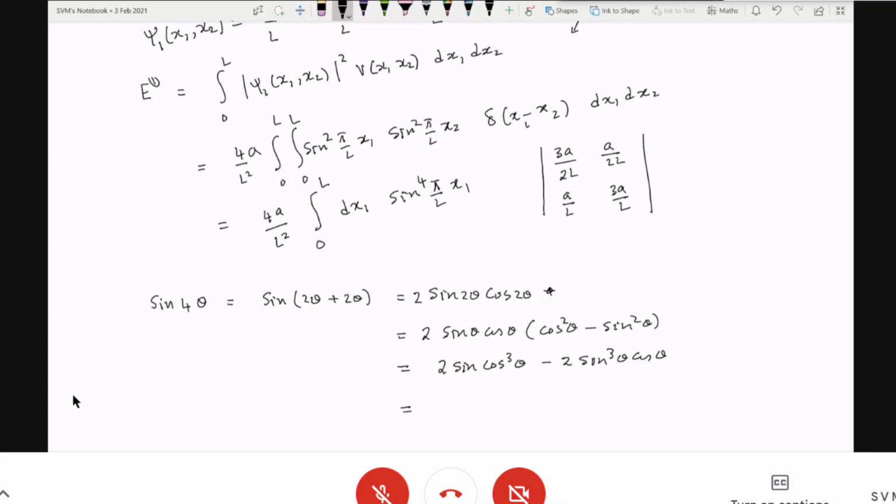Okay, so I think before coming here itself we can write this as 1 minus sine square theta. So this becomes 2 sine theta cos theta into 1 minus 2 sine square.